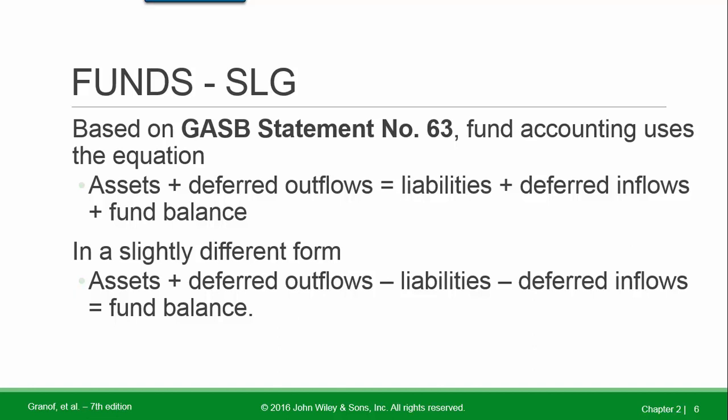In a slightly different form, assets plus deferred outflows minus liabilities minus deferred inflows equal fund balance. So when we look at the equation assets equal liabilities plus a residual, now that residual has become fund balance, and we have added deferred inflows and deferred outflows.